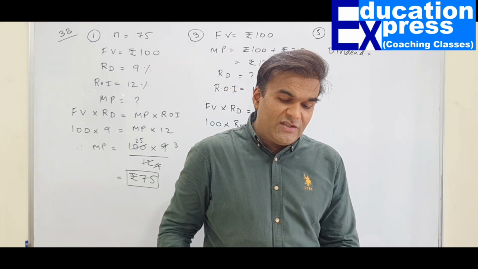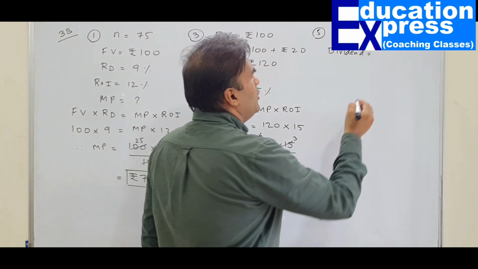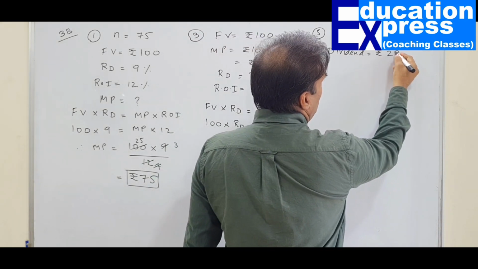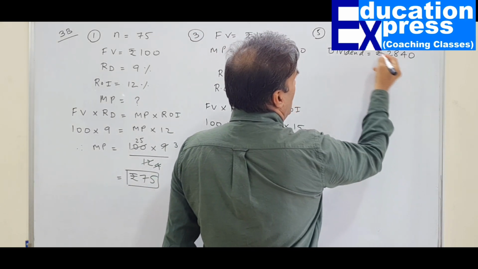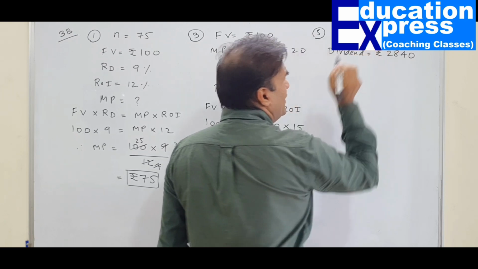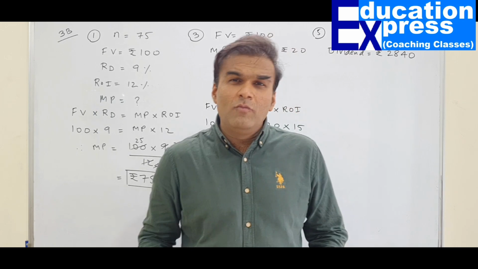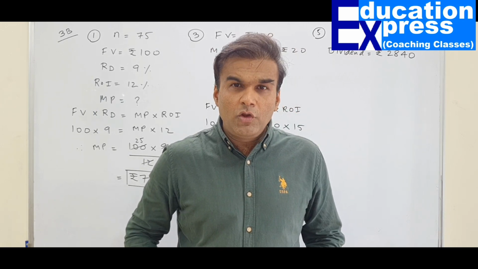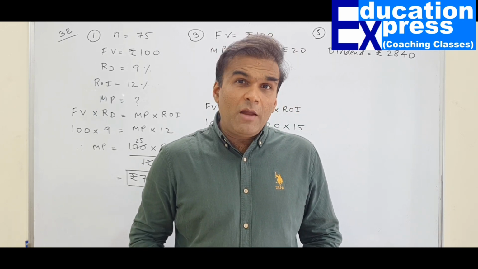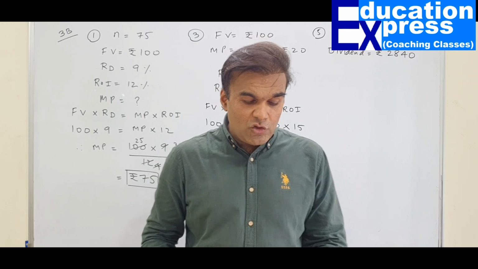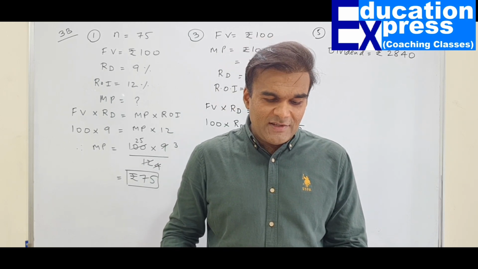If a man receives 2840, so it is given that the rate of dividend and the total amount of dividend. So the company is declaring dividend at the rate of 8%. A man must be holding some number of shares, not known to us, but the total amount of dividend received by him is 2840.